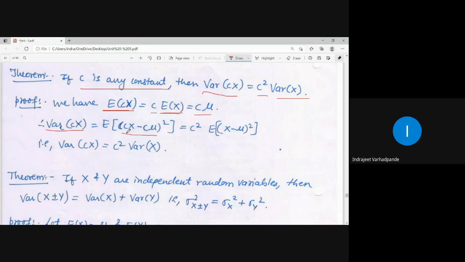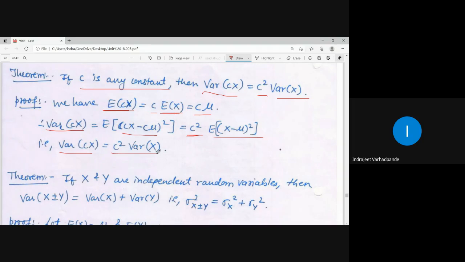What can be taken outside? C square can be taken outside, and what is remaining? The definition of expectation of x minus mu whole square. So what is expectation of x minus mu whole square? It is var x. So var of cx is c square into var x. What is the theorem telling us?